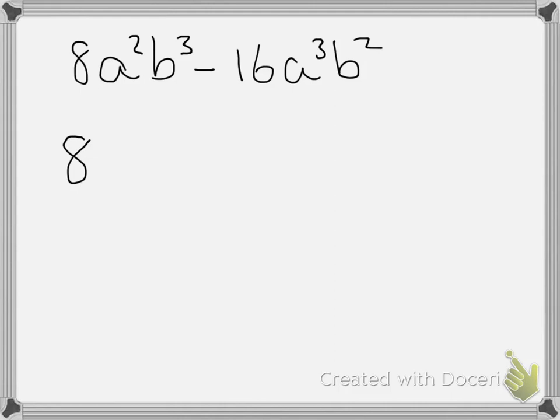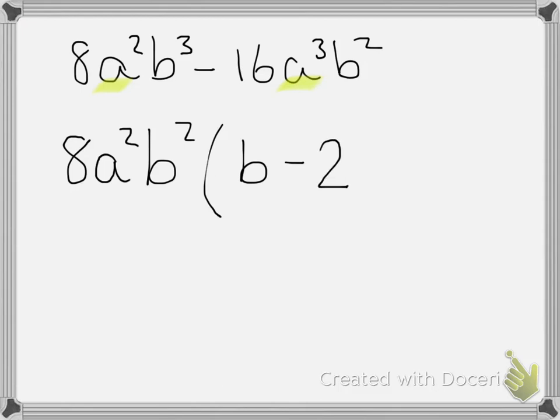Between the a's, they share 2 of them, and between the b's, they share 2 of them. Oops, forgot what I was doing there. And then I divide the binomial by the greatest common factor, and I get b minus 2a.